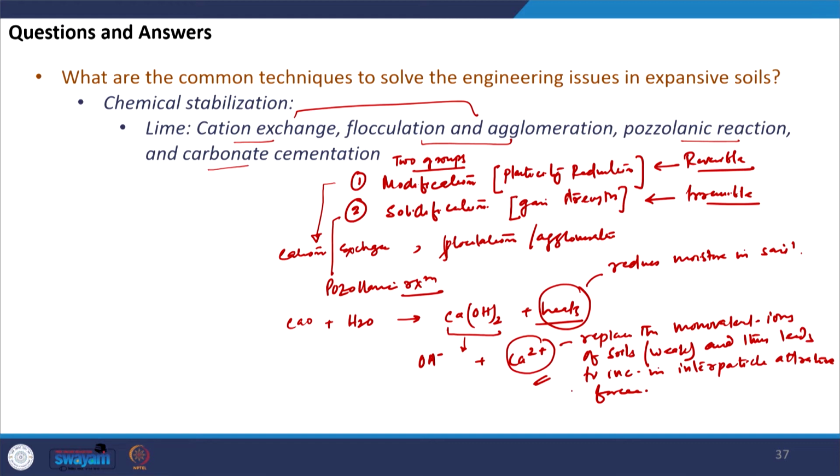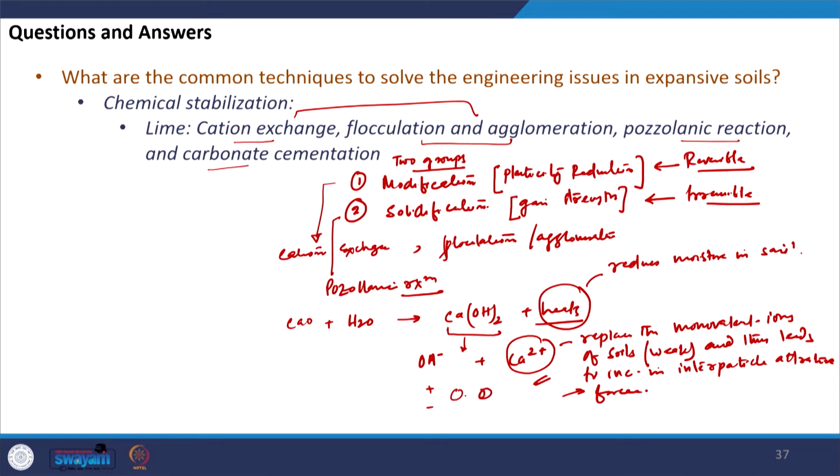So, this is the first phase where the intermolecular forces increase. Now, this increase in intermolecular forces, what will it do? It will reduce the thickness of the diffused double layer, and it will also facilitate flocculation. So, how does it facilitate flocculation? What will happen in the clay particle? You know that you have positive part and you have negative part. Let us say you have two soil particles.